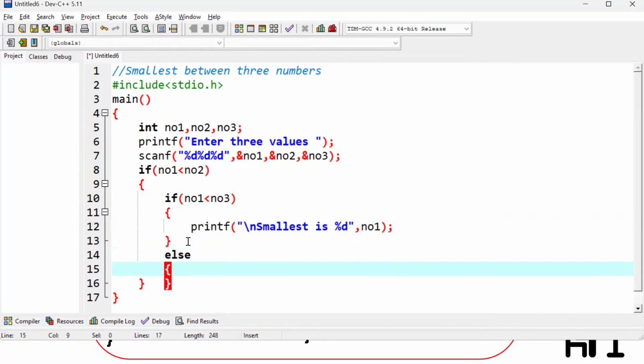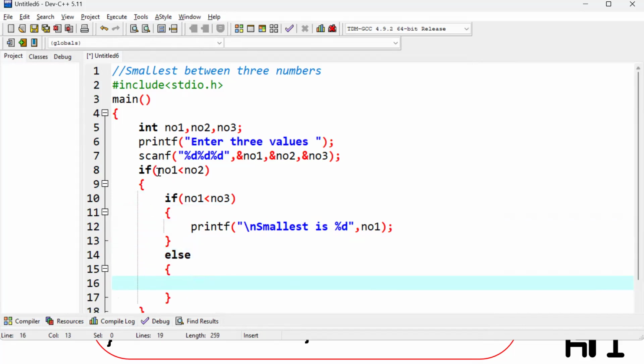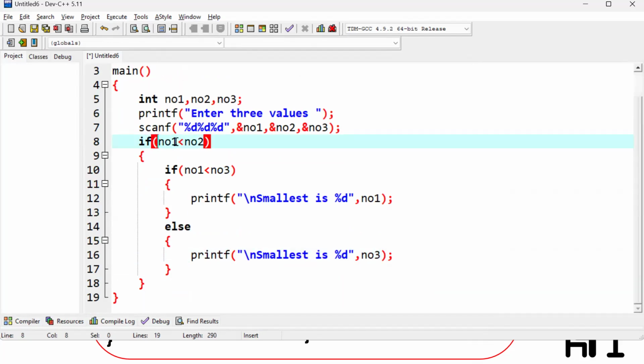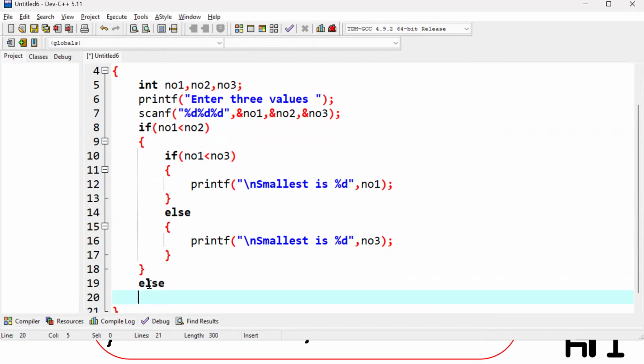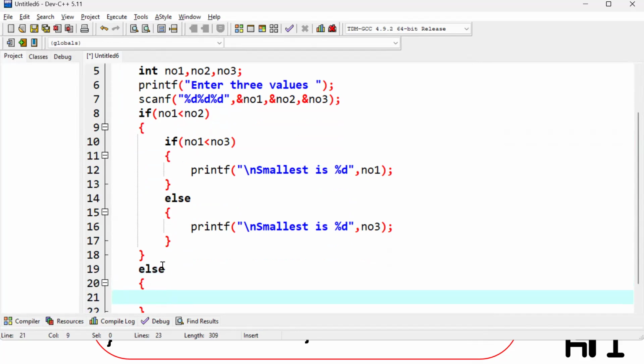But if that condition is false, it means the outer if block is true but the inner if block is false. So who is the smallest one? Obviously number 3. Okay. But if the outer if block is false, I'll come to the corresponding else block. If I am inside the else block, I am sure number 2 is less than number 1.